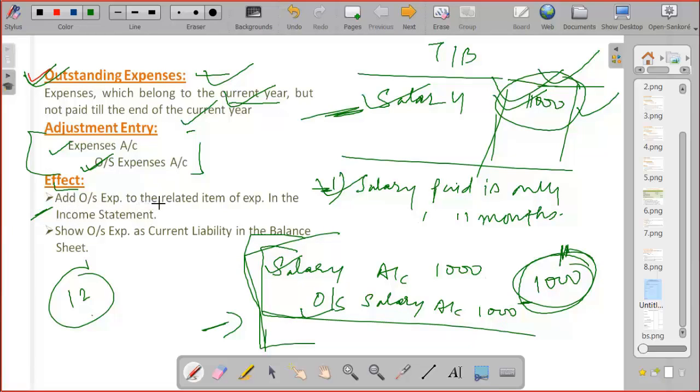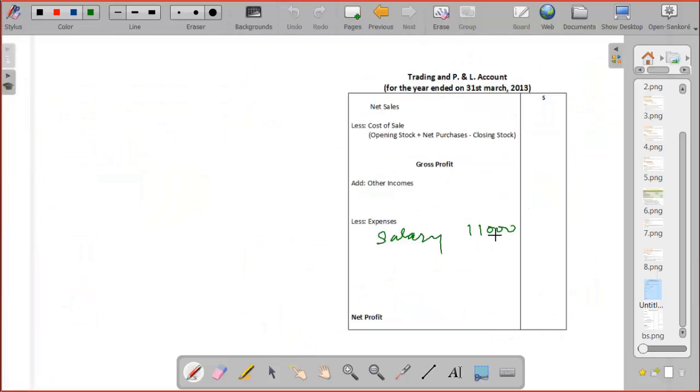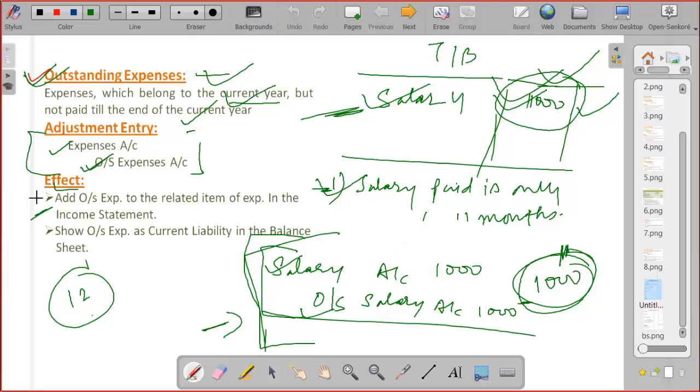Add outstanding expense to the related item of expense in the income statement. So this is the income statement and this is the related expense, and to this related expense I will add the outstanding expenses, and in this manner I got whole year's salary 12,000, and I will write here add outstanding salary. So understood the first effect? This is the first effect.